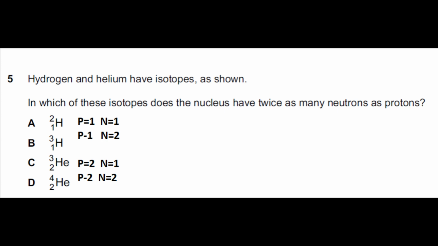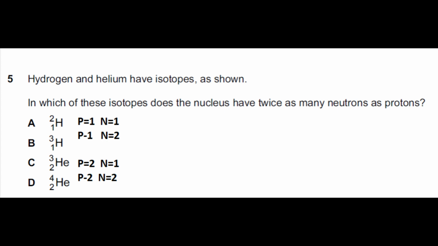Next question: hydrogen and helium have isotopes as shown below. In which of these isotopes does the nucleus have twice as many neutrons as protons? I have calculated the number of protons and neutrons for each of the options for you. You can easily see that the option having twice as many neutrons as protons is option B, which is hydrogen, because in Alpha, protons and neutrons are equal.